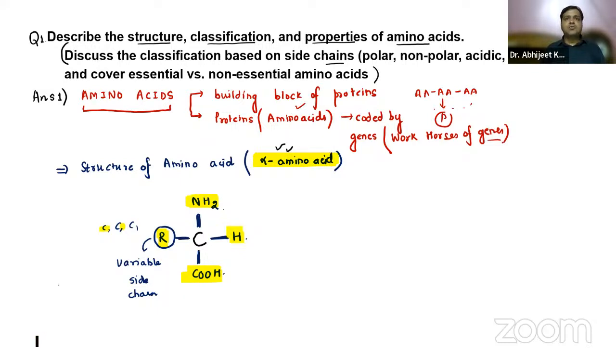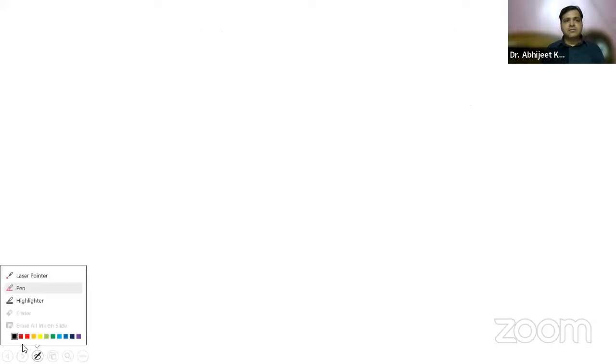And before coming on to the properties, let us first try to discuss the classification of amino acids. Then we will come to properties also, right? So on the next slide, let us start classification of amino acids. Now, when I say classification of amino acids, they are classified basically based on four characteristics, guys.